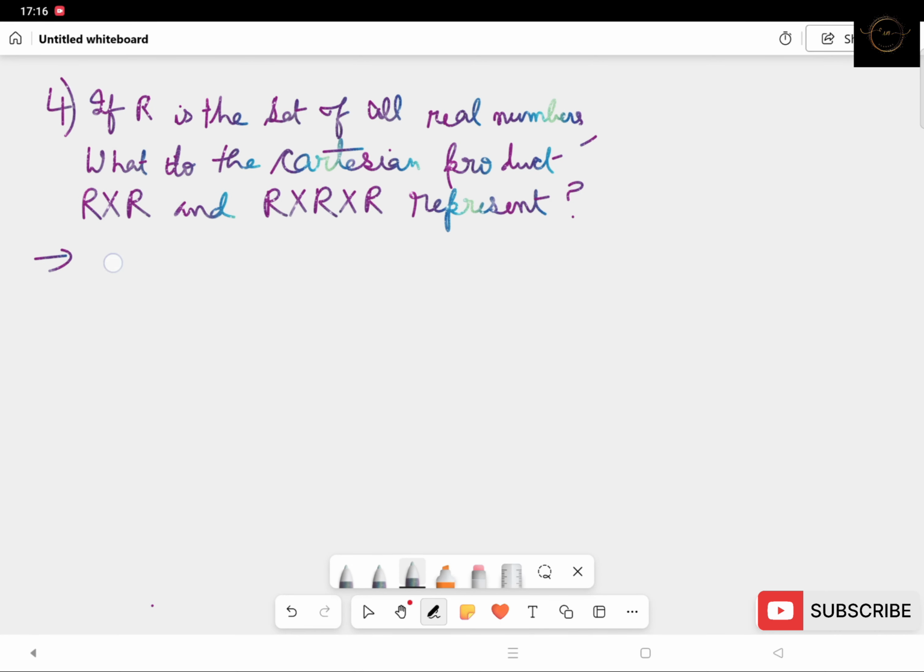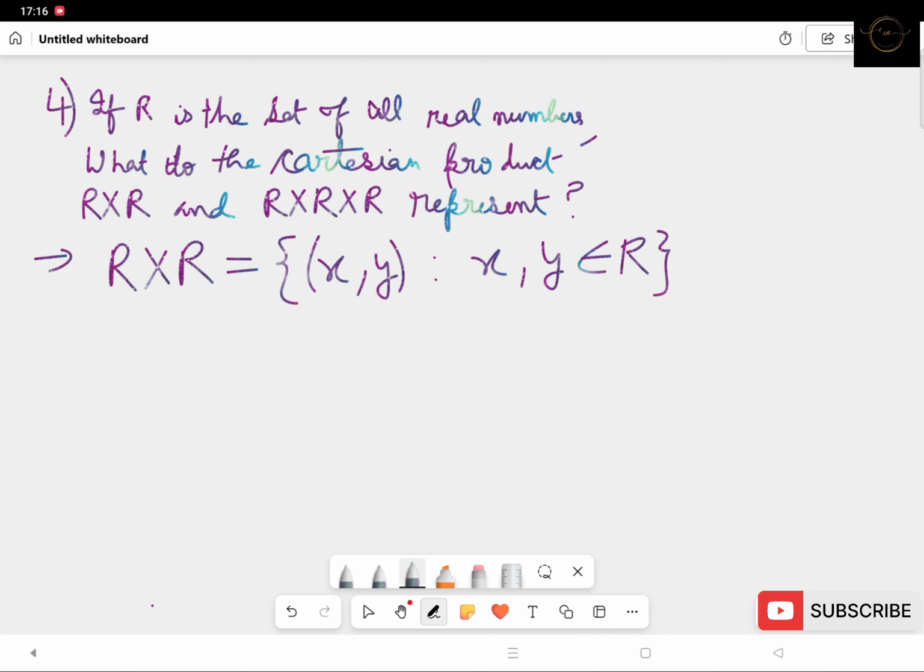It is actually the Cartesian product of all the real numbers with itself, and it is the set of all ordered pairs x comma y, such that x comma y both belong to the set capital R. Clearly, R into R is the set of all points in the real number system, and it can also be represented as R square.